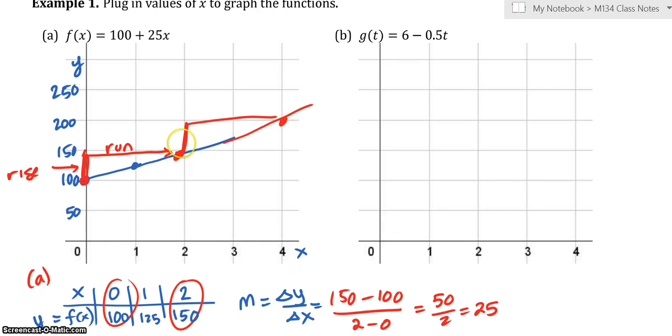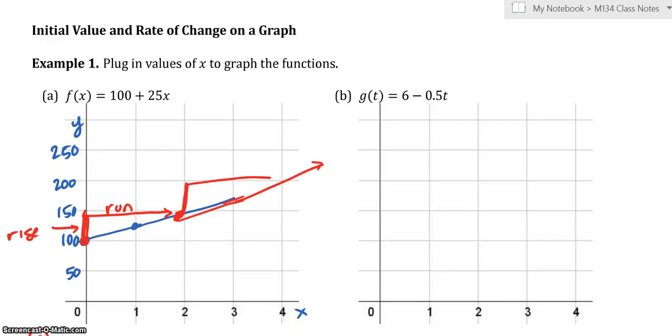Now, if you rose up 100 and went over 2, then it would end up being a curve. But since, and I know this doesn't look like a line, but we can fix that, since this is a line, the slope is what we're going to call it, or that rate of change will be the same.